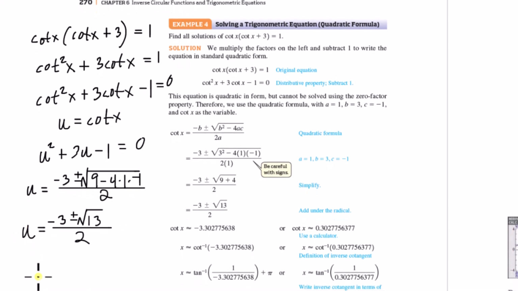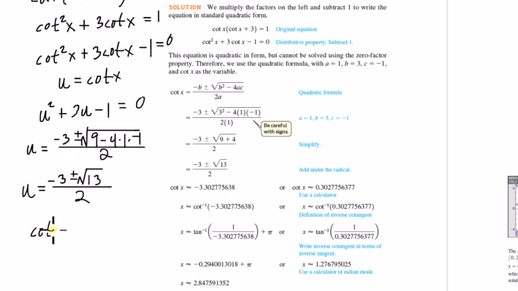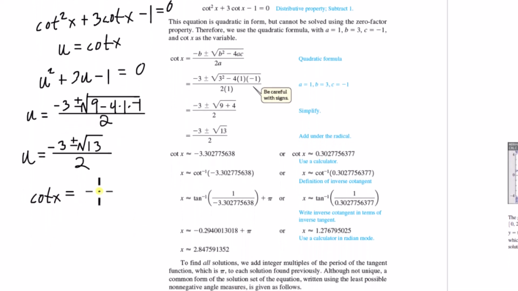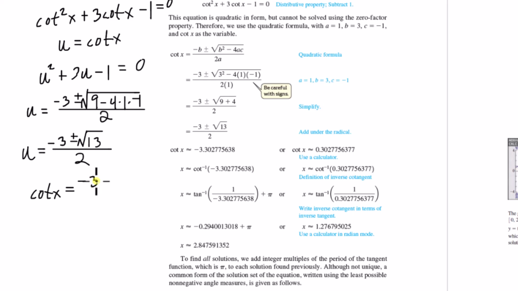Now, u is cotangent x, so cotangent x is equal to minus 3 plus root 13, divided by 2, and cotangent x is equal to minus 3 minus root 13, divided by 2.